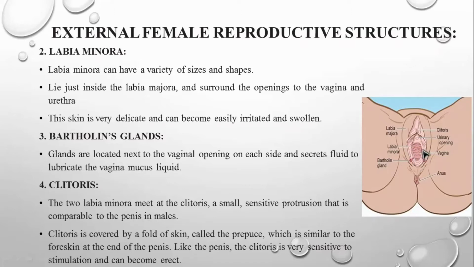The tract used for sexual intercourse we call the vagina, and for urination the urethra, which is present separately, as we can see in the diagram. Whereas in the male, the urethra and the genital tract are the same, which we call the urinogenital tract.